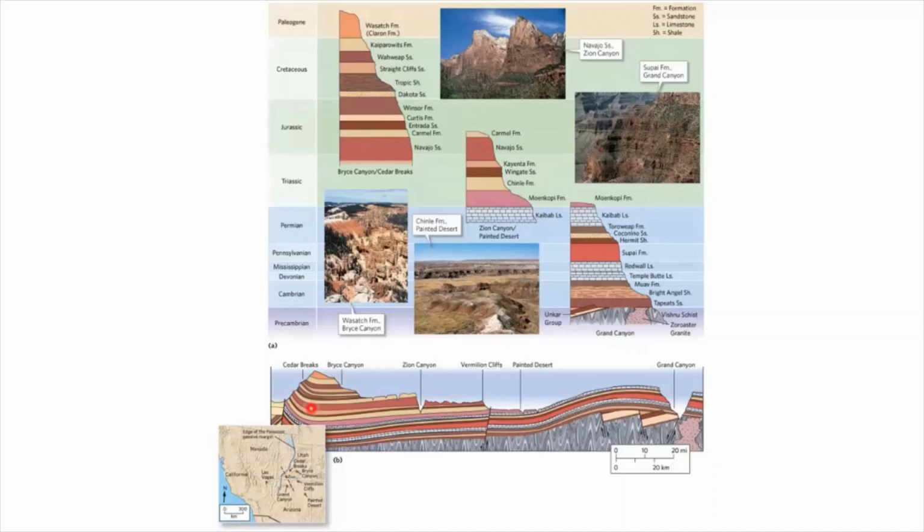So for example, the Grand Canyon here, the layers at the very top, like the Kaibab limestone, the Moenkopi formation, they correlate with Zion Canyon and the Painted Desert. Now at the top of Zion Canyon, we have the Navajo sandstone and the Carmel formation. We can correlate that with Bryce Canyon, okay? So that gives us a more complete history. Remember we talked about superposition? We know that the oldest layers are on bottom.